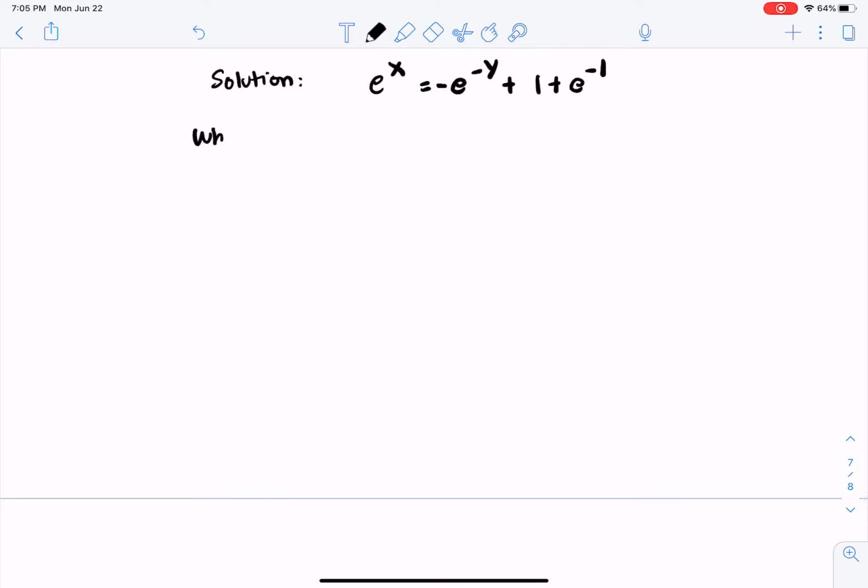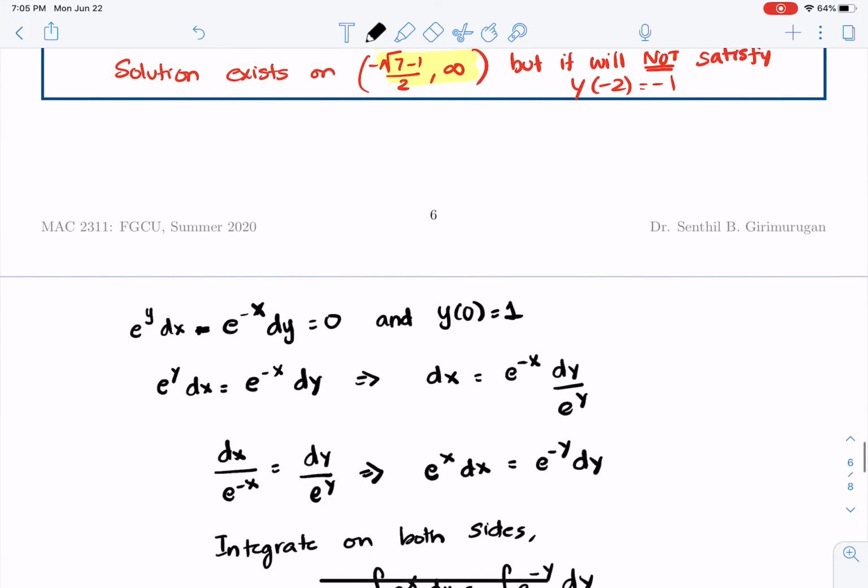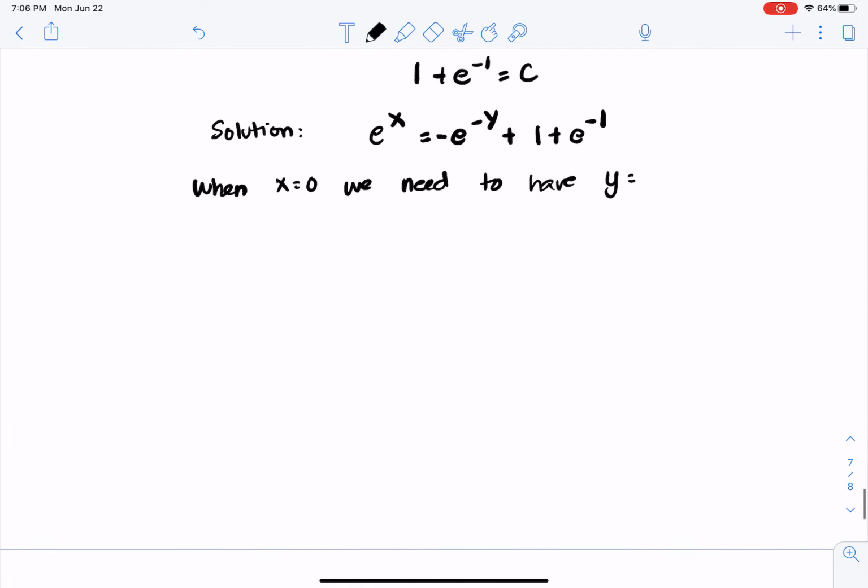So when x is 0, we need to have y as 1. So e raised 0 equals negative e raised negative 1 plus 1 plus e raised negative 1, and we have 1 equals 1. It checks out, it works. So the initial condition is satisfied.